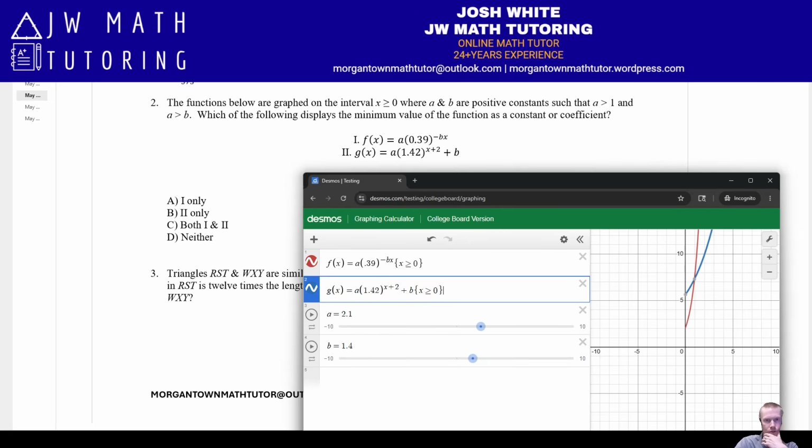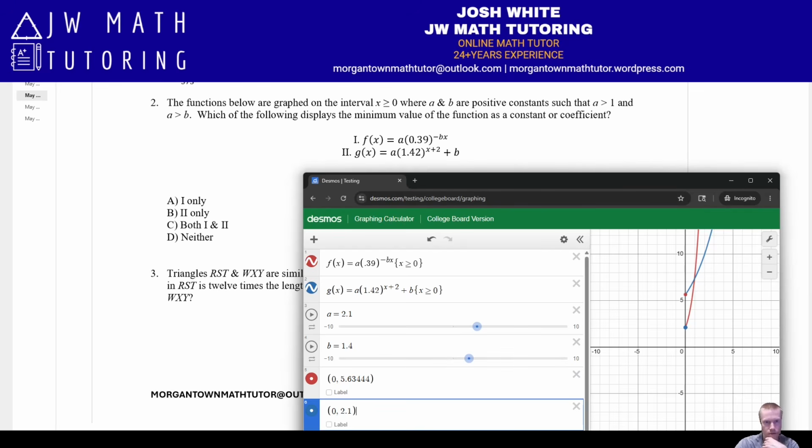So, first of all, do they both have minimum values? Because sometimes in these functions, the exponential things don't have minimum values. And it appears that they both do. So there's one here, and there's another one here. Now let's look at the red one first, the top function f of x.